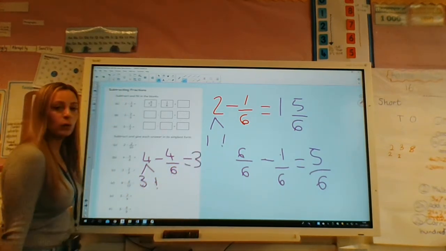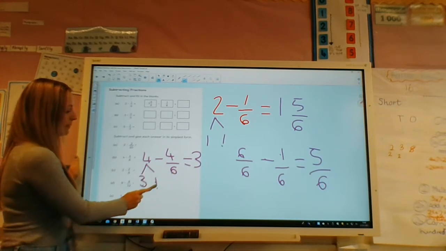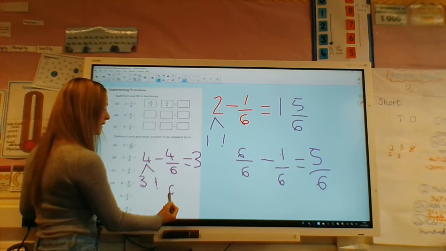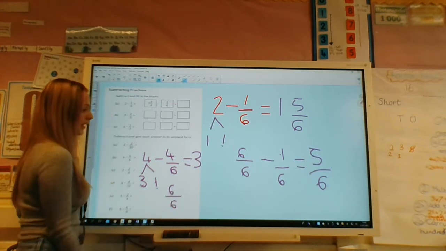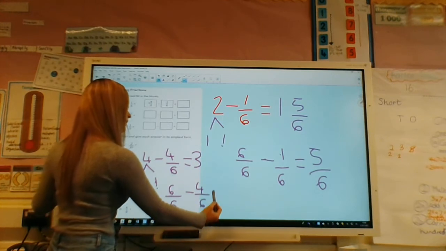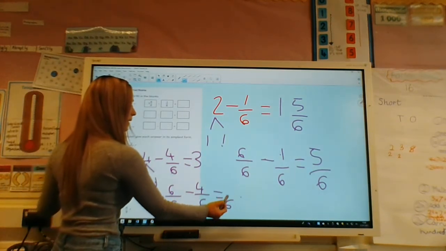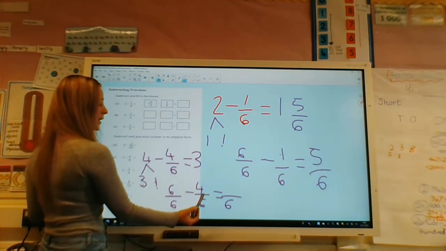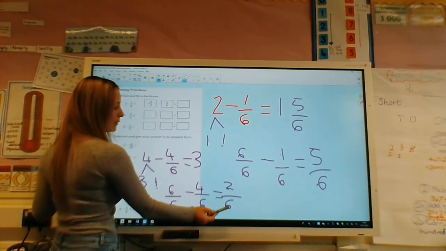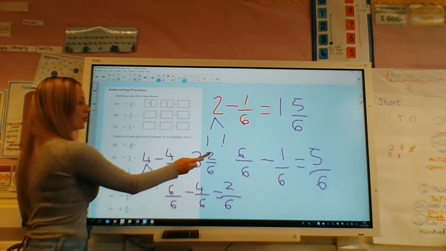Then that 1 whole we're going to change into a fraction. Because the denominator is 6, to make that a whole, the fraction would need to be 6 sixths. And then we're going to subtract 4 sixths from it. Now remember, when you're subtracting, you don't need to subtract the denominator, it stays the same. Subtract the numerator, 6 take away 4 is 2. That leaves you with 2 sixths. So you can put that up there. So the answer is 3 wholes and 2 sixths.